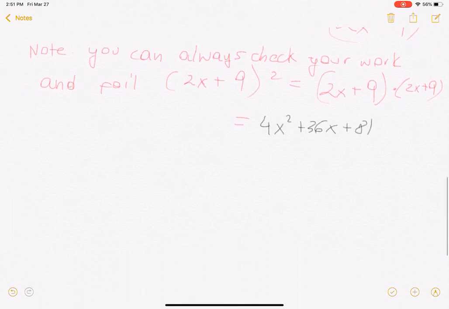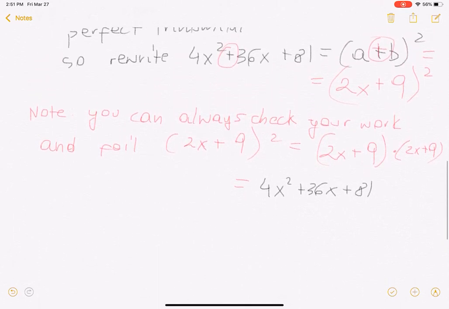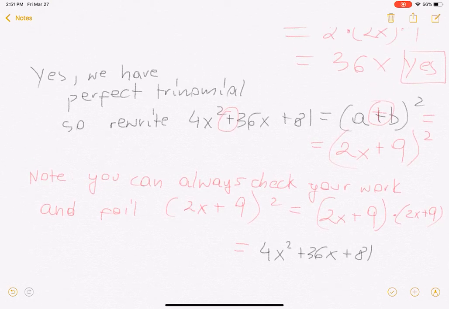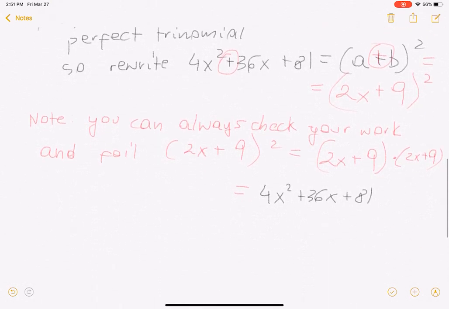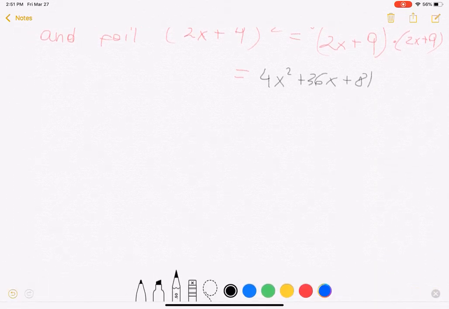Okay, let's do more. Let's do an example when you have a perfect square trinomial, but with a negative. So next example.